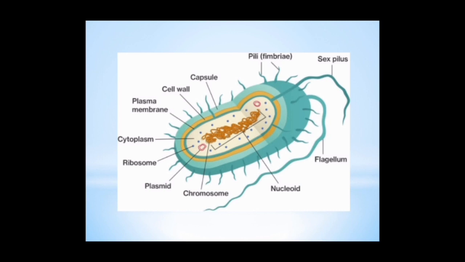The cytoplasm is a gel-like matrix composed of water, enzymes, nutrients, wastes, and gases, and contains cell structures such as ribosomes, a chromosome, and plasmids. The cell envelope encases the cytoplasm and its components.